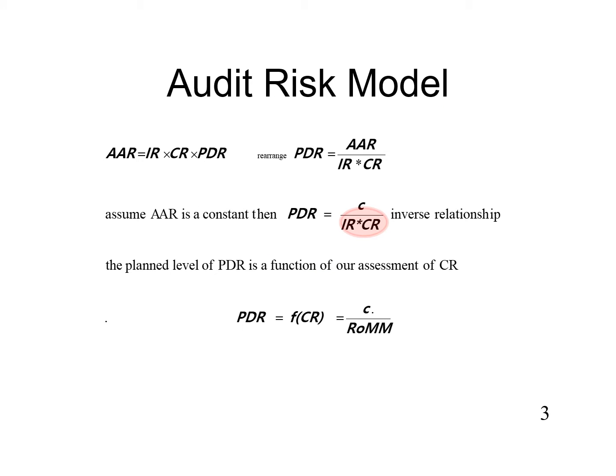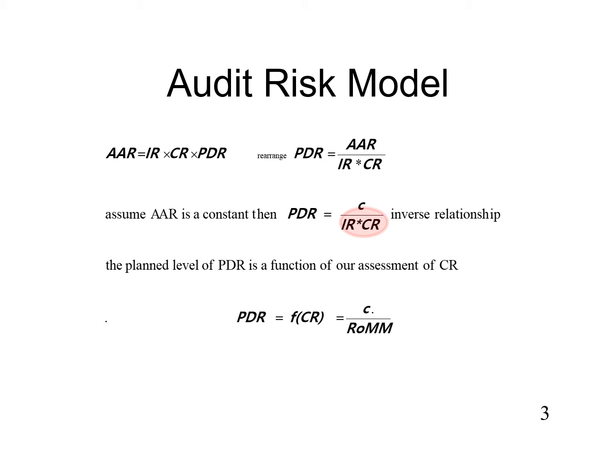Now the book rearranges this formula and calls it plan detection risk equals acceptable audit risk over inherent risk times control risk. Since I treat inherent risk as 1, effectively it becomes audit risk divided by control risk. Notice the inverse relationship.